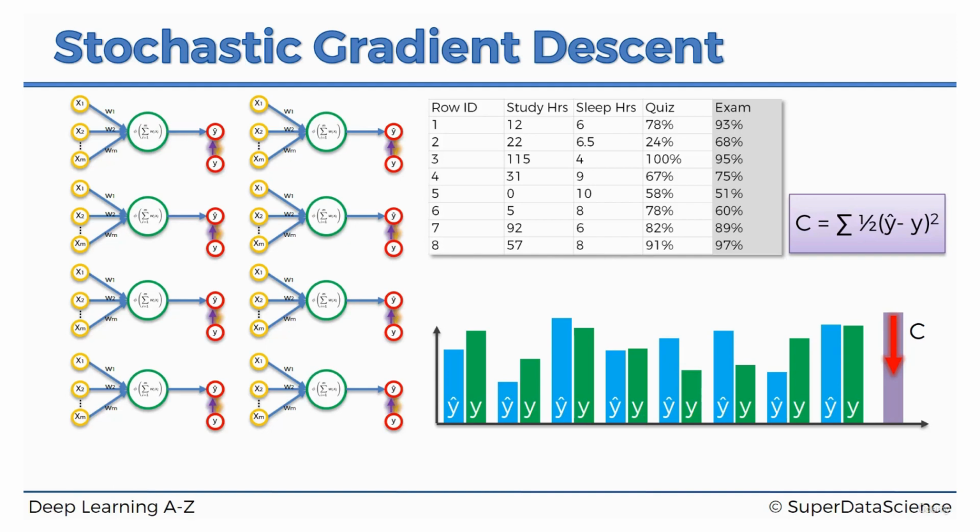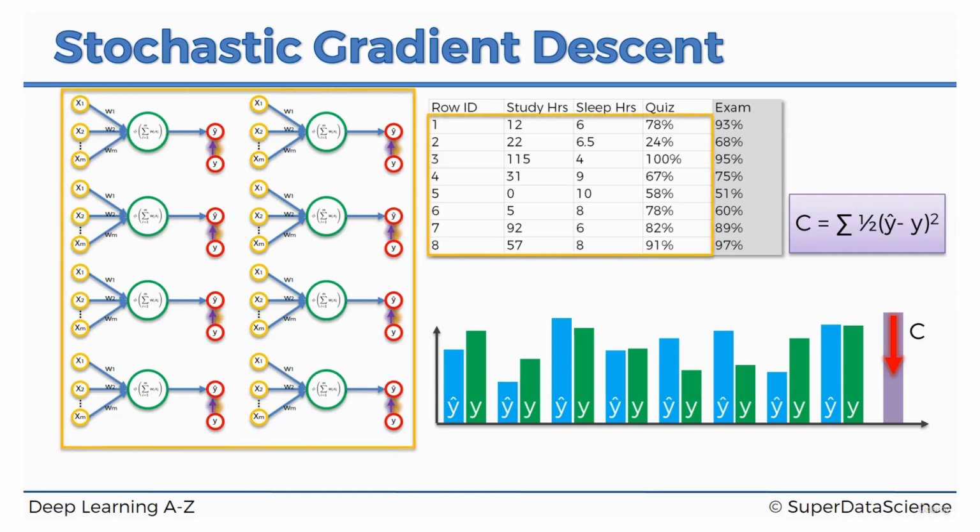So let's have a look at the two differences between the normal gradient descent that we talked about and the stochastic gradient descent. Normal gradient descent is when we take all of our rows, we plug them into our neural network. Once again, here we've got the neural network copied over several times, but the rows are being plugged into that same neural network every time. So there's only one neural network.